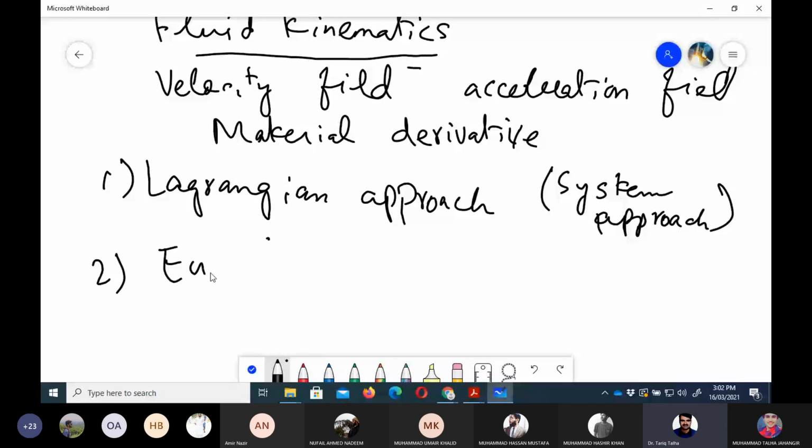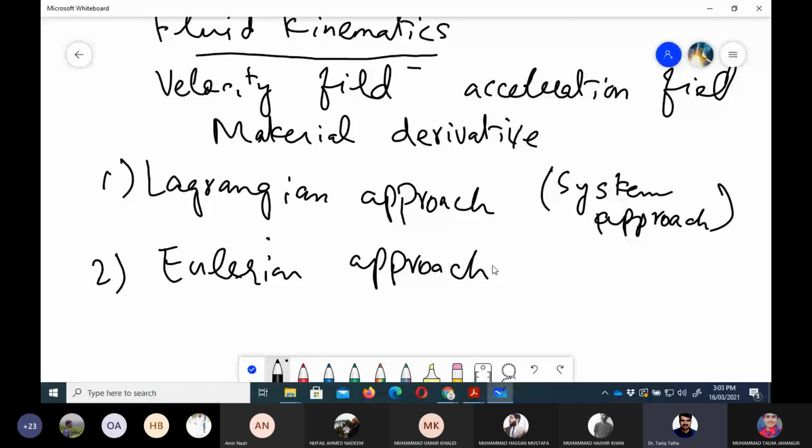So in the Eulerian approach, we fix a point in space, and then we analyze the particles which move through that fixed point.